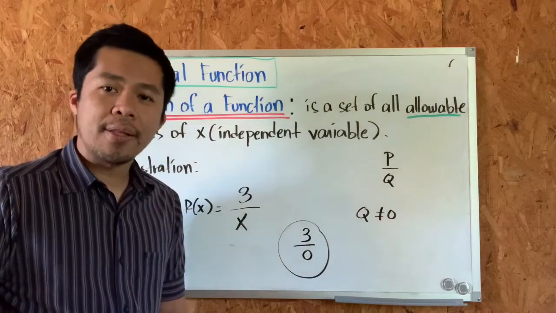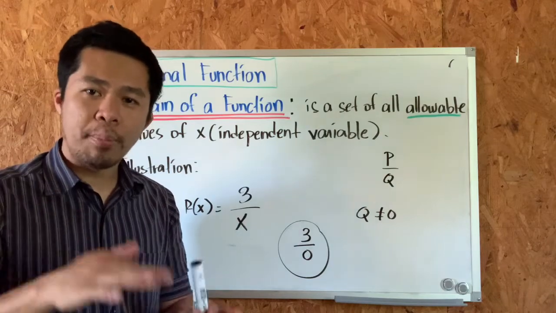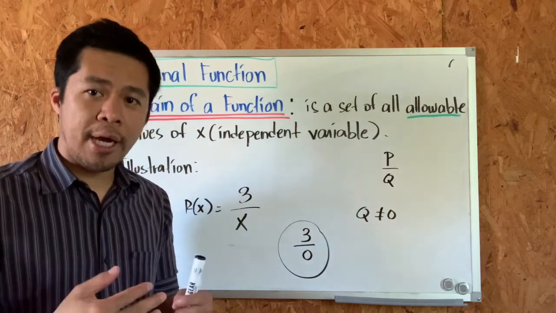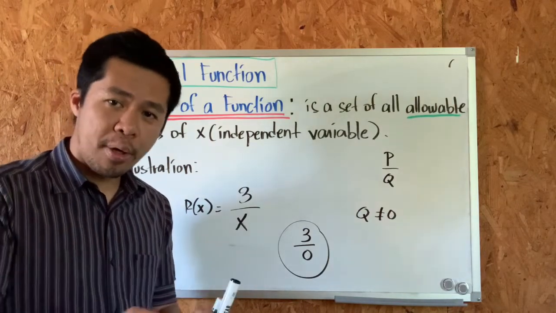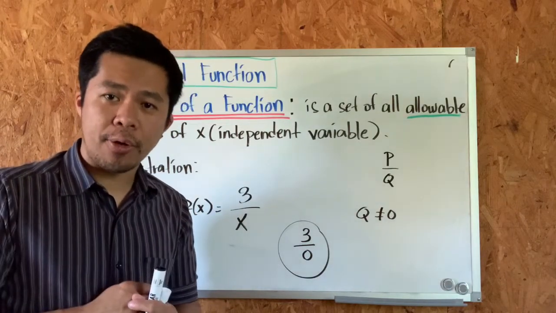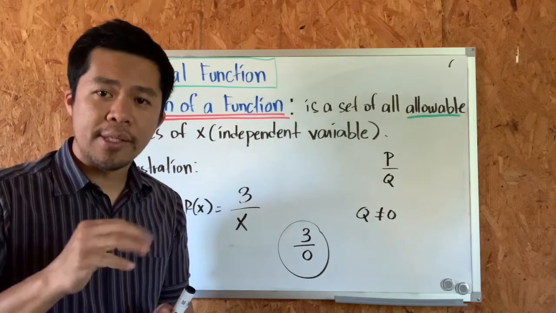So in finding the domain of a rational function, all numbers can be used as a replacement of x, except a number or numbers that will make the denominator equal to 0. Let me give you examples.